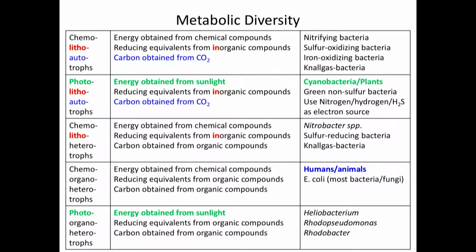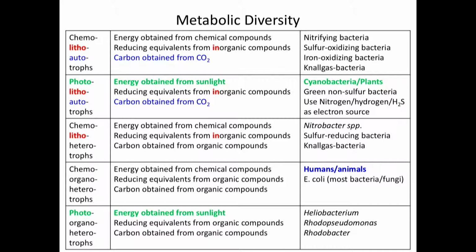We are organoheterotrophs, so we need to eat food to get our energy. We get our carbon supply and our reducing equivalents from the food we eat, so we rely on organic molecules. The other types of organisms are plants and cyanobacteria, and they use the energy from light to generate this molecule called ATP.